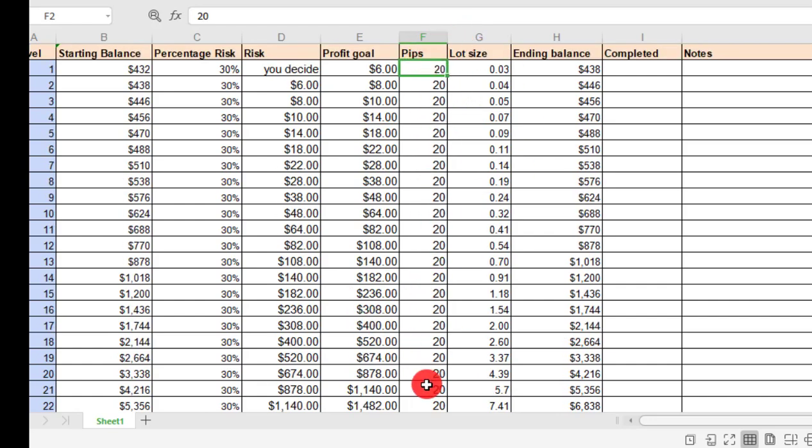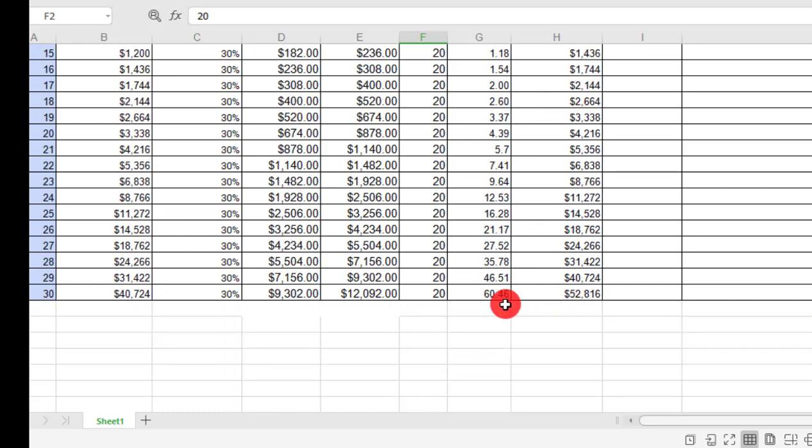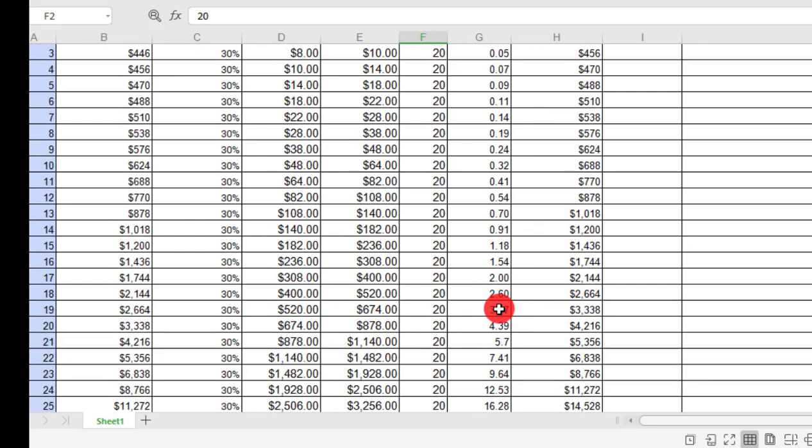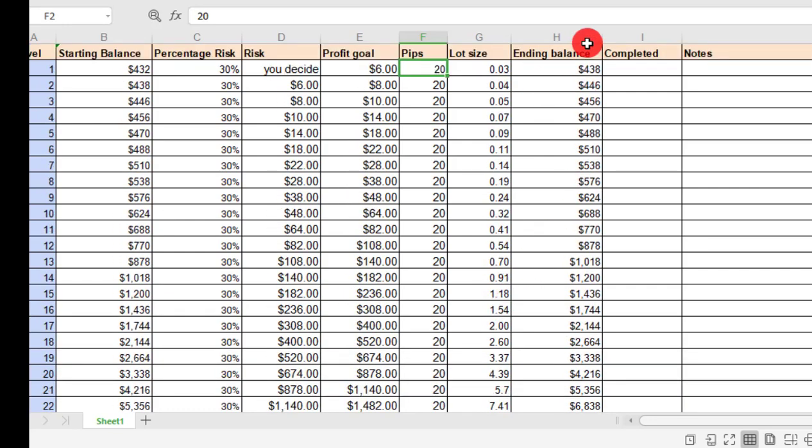That's why they call this the 20 pips challenge. And lot size as well, relative to risk percentage, determining the risk percentage by lot size. So we're gonna start with 0.03 all the way to 60 lot size, which is massive.